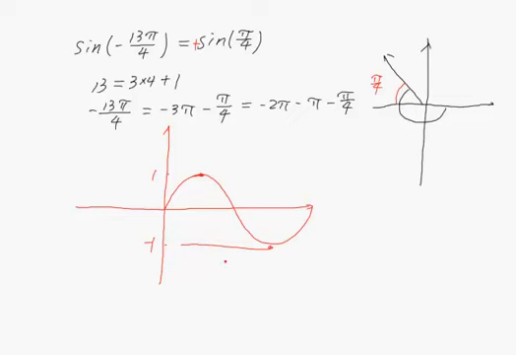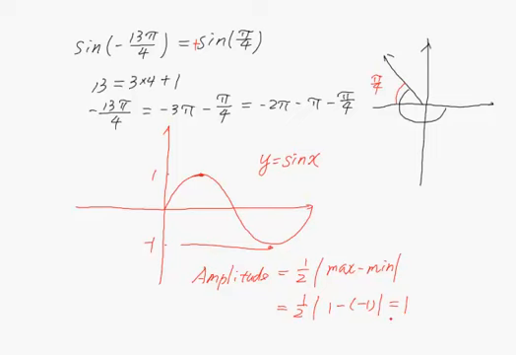So the amplitude generally is defined as half of the absolute value of the maximum minus minimum. So for this one, the function is y equal to sine of x, so its amplitude is equal to 1/2 times 1 minus negative 1, and then equal to 1.